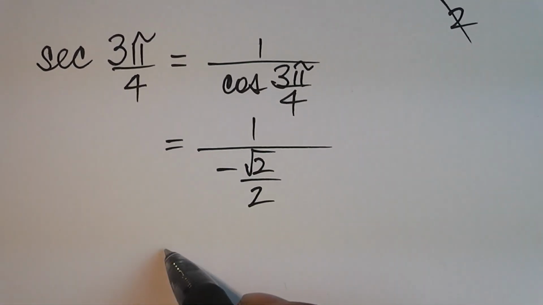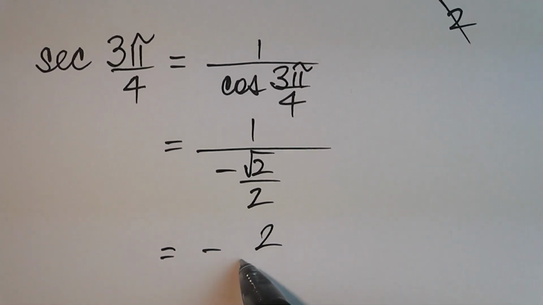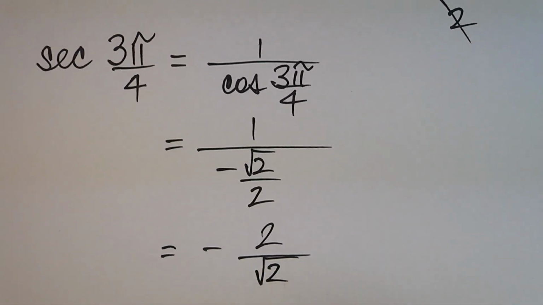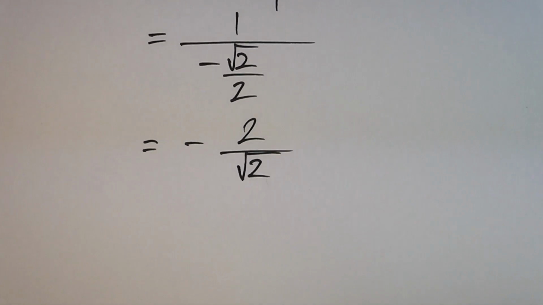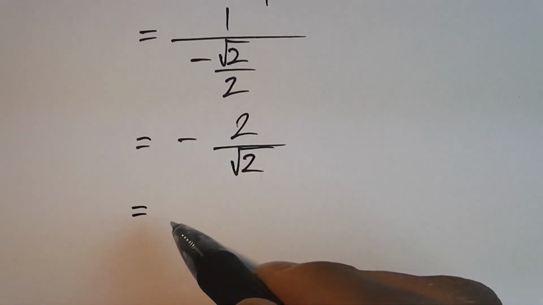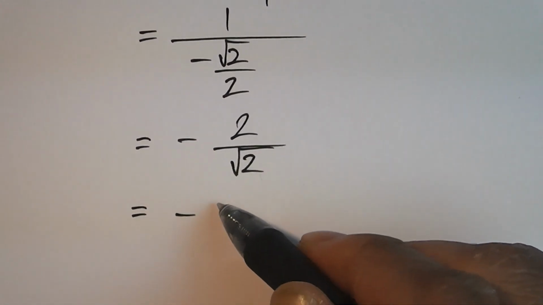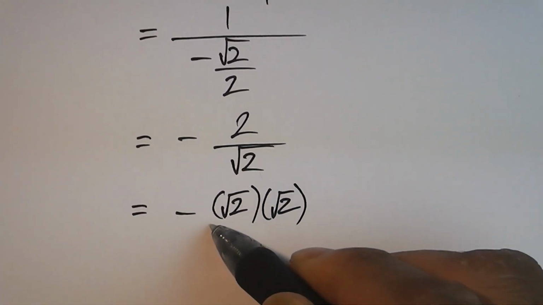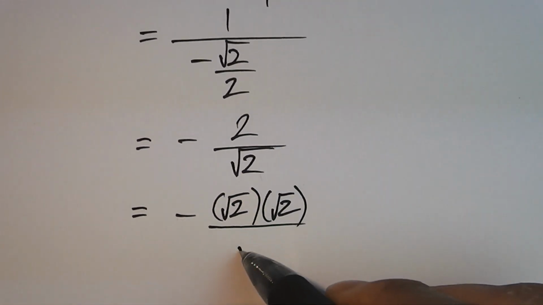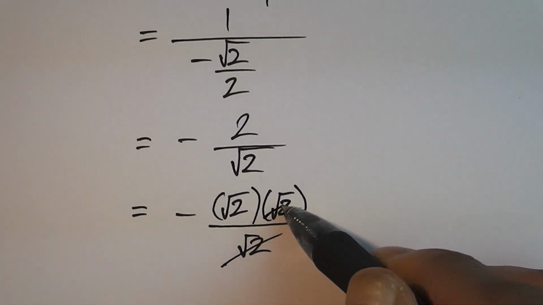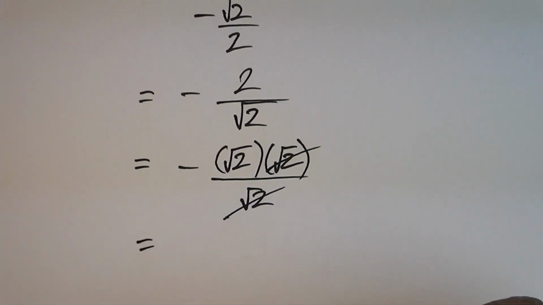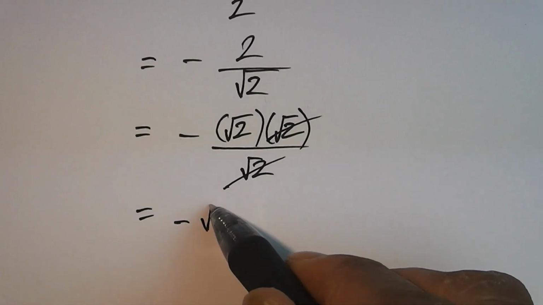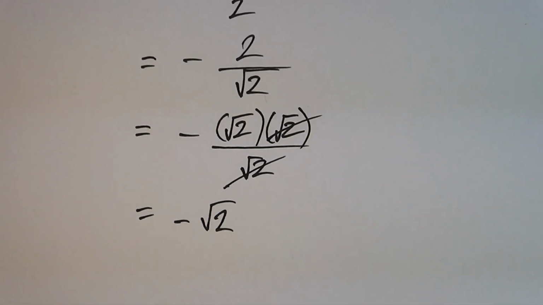When you flip that over, you'll get negative 2 over radical 2. So just like in the previous situation, you've got negative. That top 2 is like radical 2 times radical 2. The bottom is like radical 2. When they cancel, you're going to have a result of negative radical 2. That's the secant of 3 pi over 4.